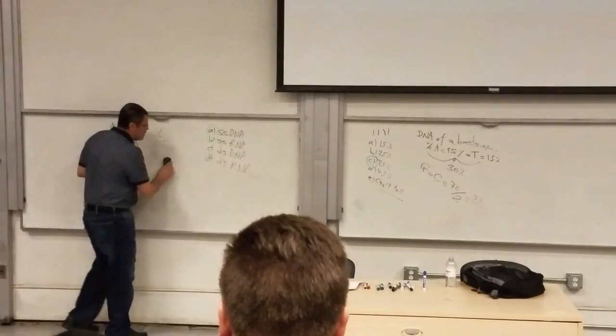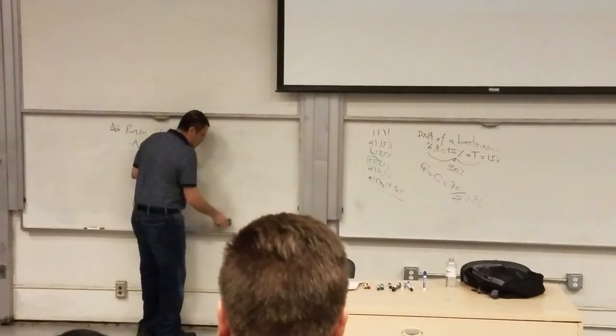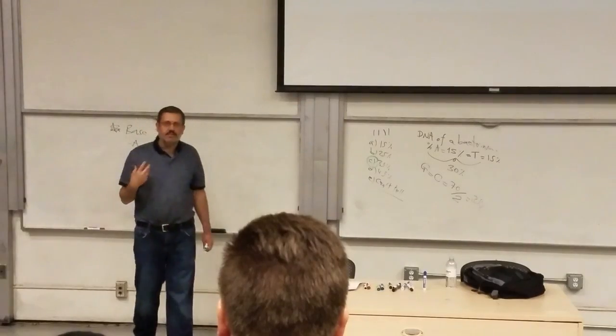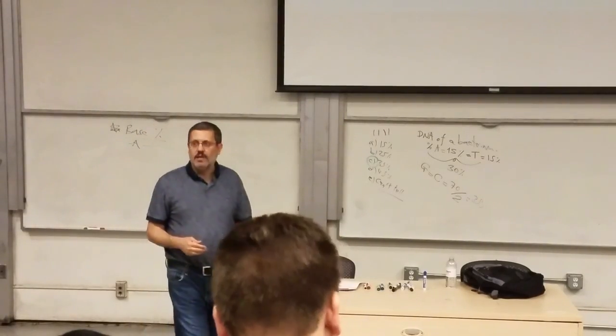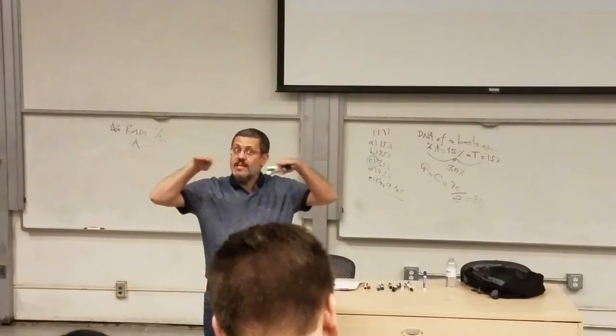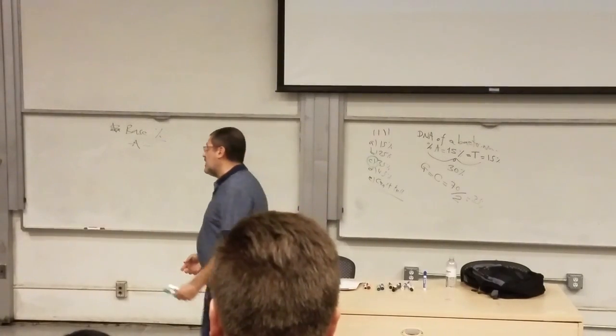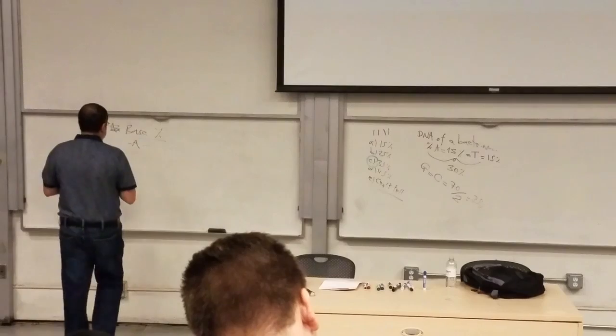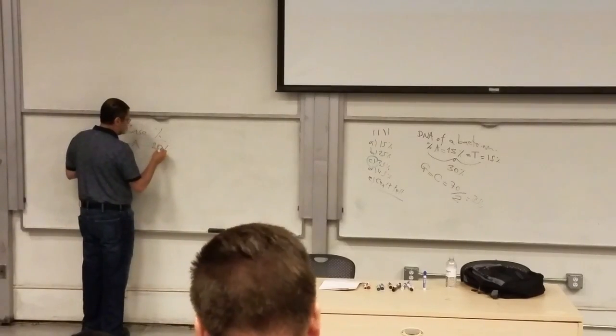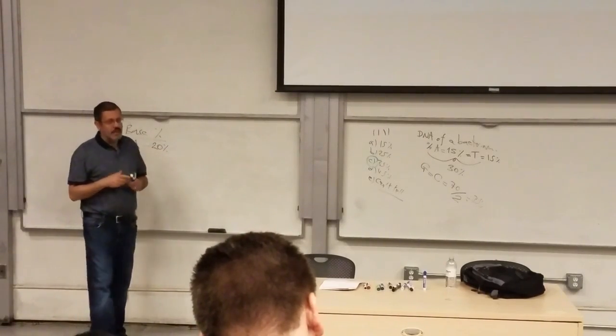So here's the question. You are considering a double-stranded DNA molecule, and analysis of a single strand reveals that the A is 20%. So again, let me rephrase.